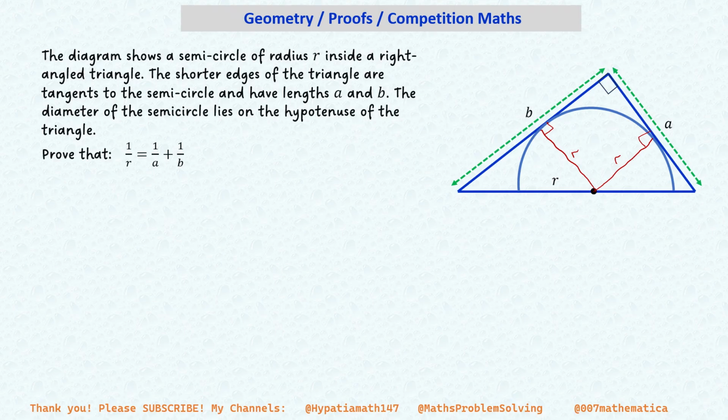So if we call these A, B and C, and if this was O, then OA equals OC, and AB equals BC.